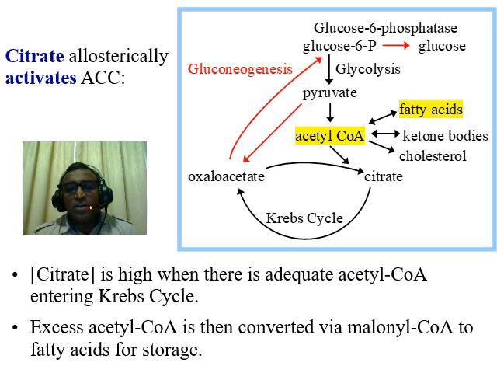Not only that, cholesterol synthesis and ketone body production can also be encouraged, as well as making glucose through gluconeogenesis. So therefore, it reduces the burden of the acetyl coenzyme A entering the Krebs cycle.